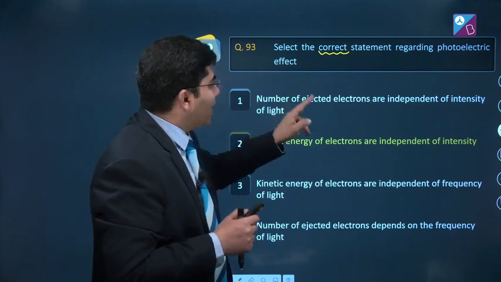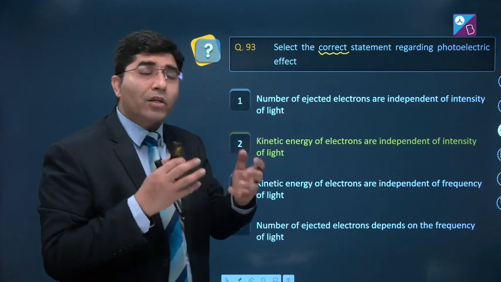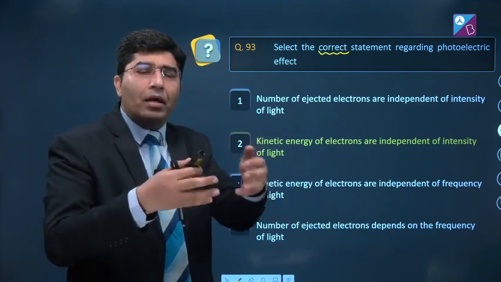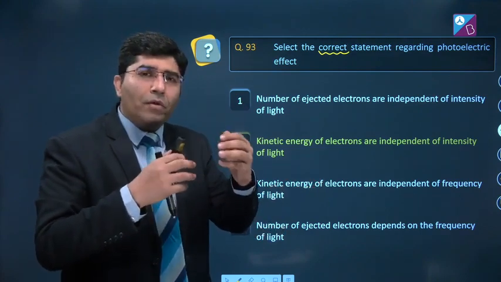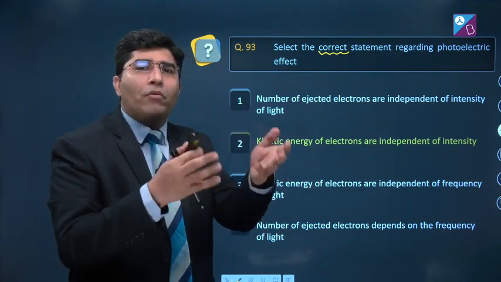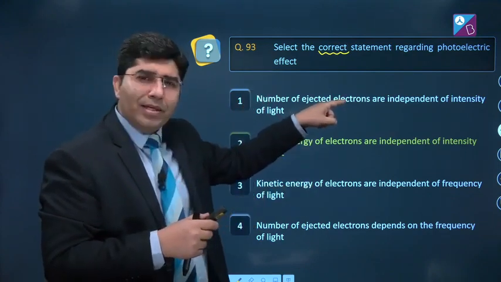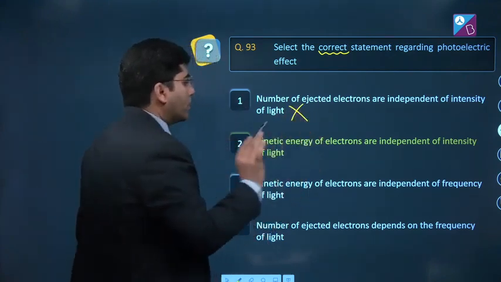Number of ejected electrons are independent of intensity of the light. Intensity of the light means number of rays which are in the incoming radiation. So if we have more number of rays, more number of electrons will come out, and this statement is saying it is independent. So this is absolutely wrong.